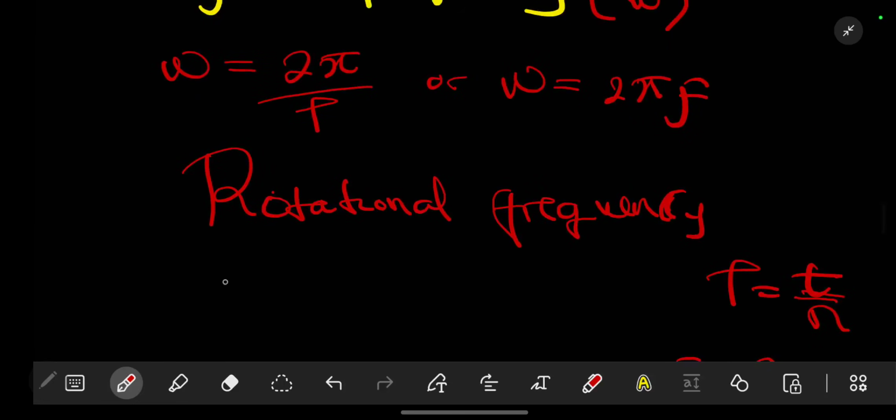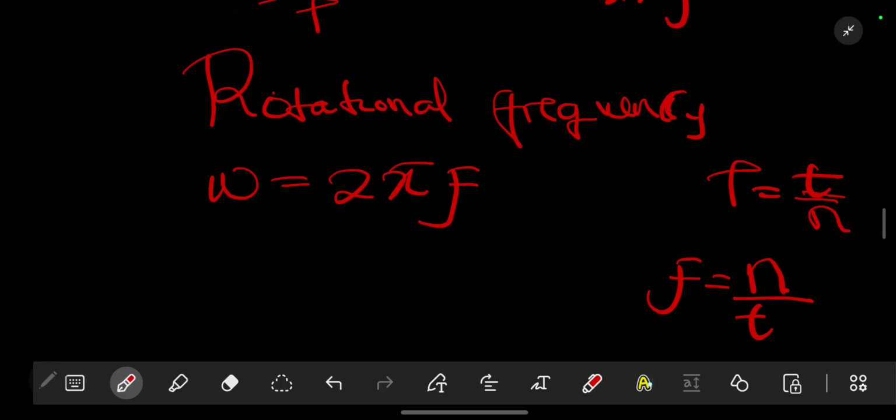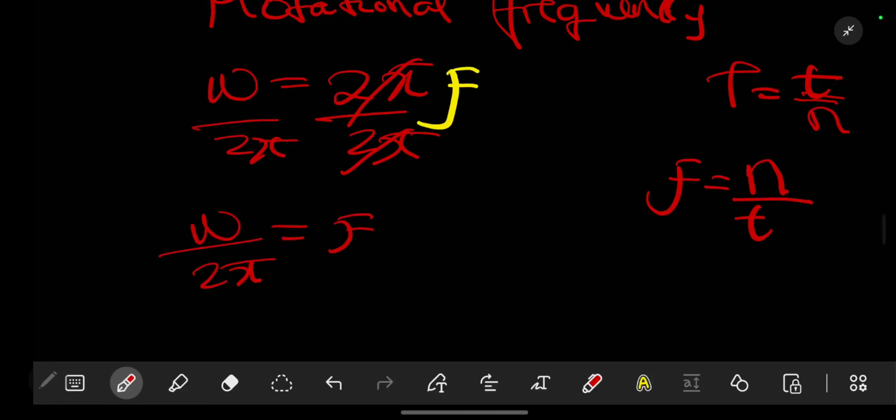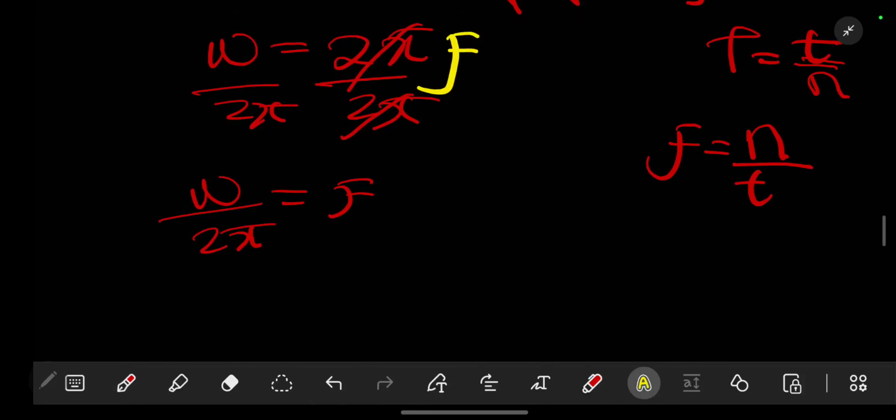Rotational frequency, if you have the omega, or the angular velocity, it will be equal to 2 pi f. You are now conversant with this formula. So if you divide by 2 pi, it becomes omega over 2 pi equal to the frequency.